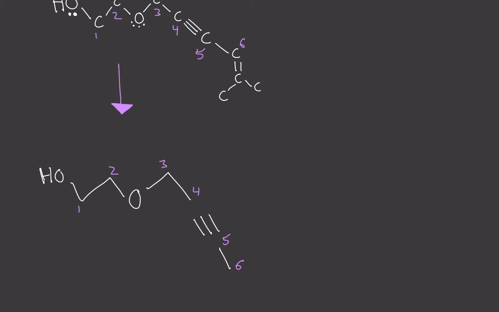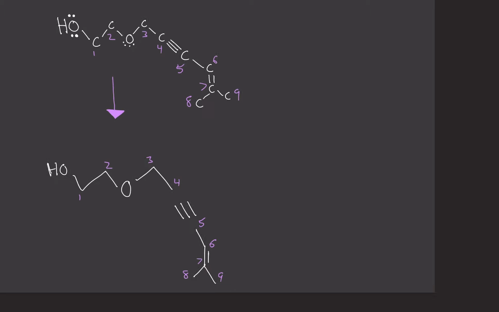Now what do we do? Do this, like that, and like that. This is carbon 7, 8, and 9, and include the double bond. Do not forget this. Ta-da! And that's it. That's how you draw it.